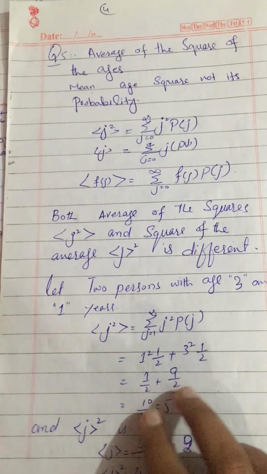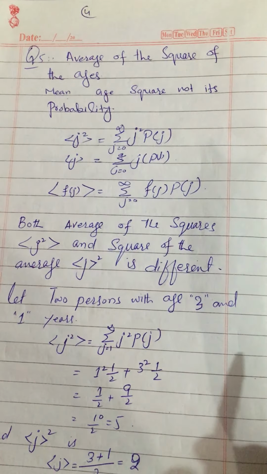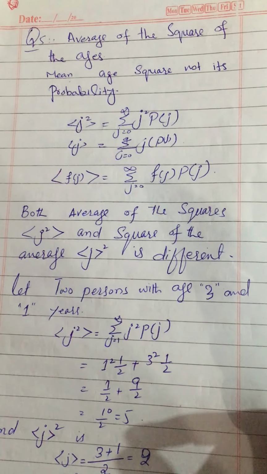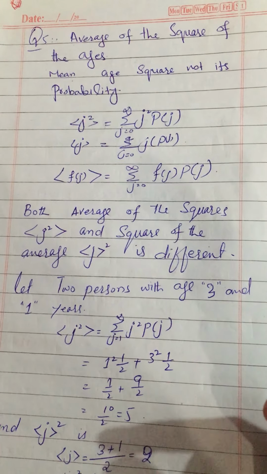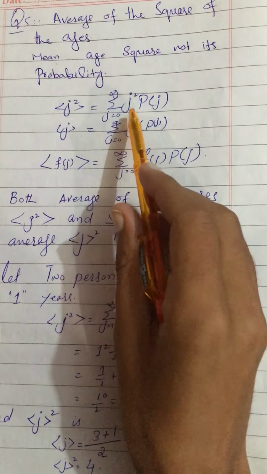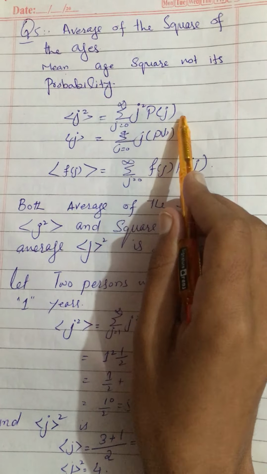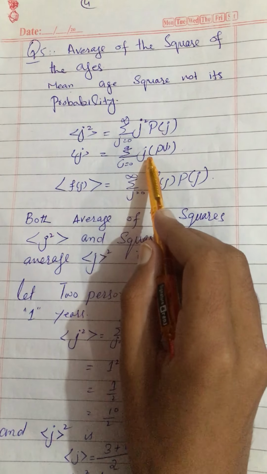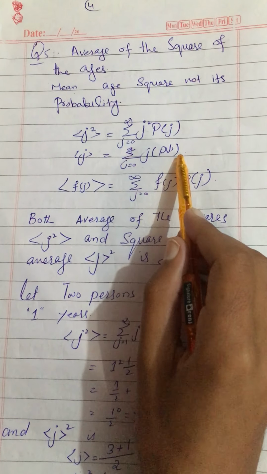Now question number 5 is the average of the square of ages. We first find the square of the age and then average it. So it will be equal to the sum of j squared times the probability of j. We know that the average of ages is equal to j, the age, multiplied by its probability.